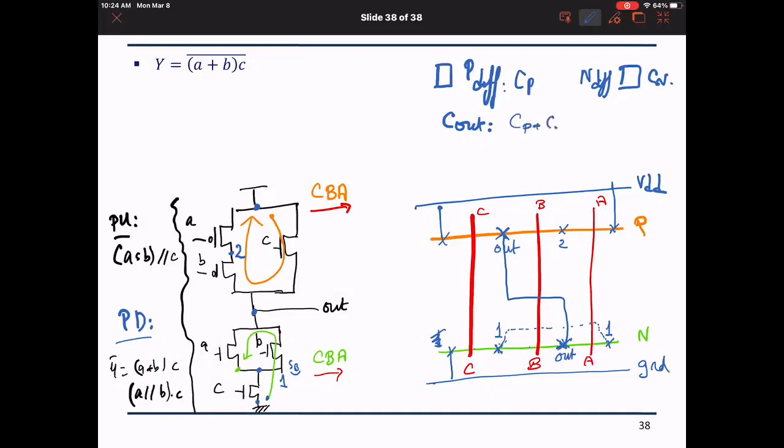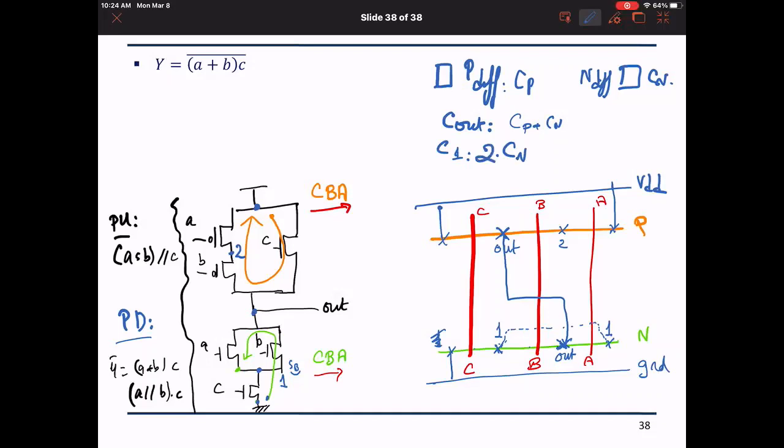Exactly, it's CP plus CN. Okay, and the capacitance at node 1? How many diffusions did we connect? 2CN. 2CN, exactly. Okay, so we connected two CNs.